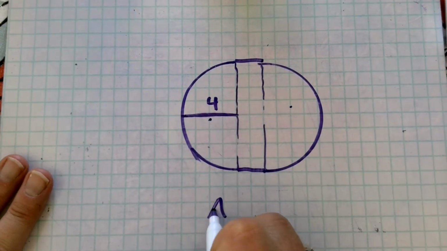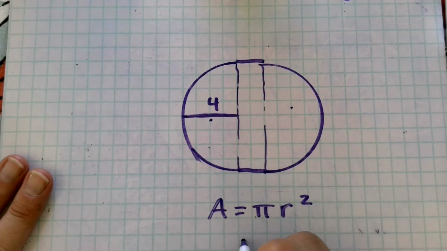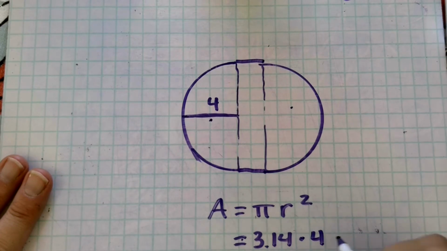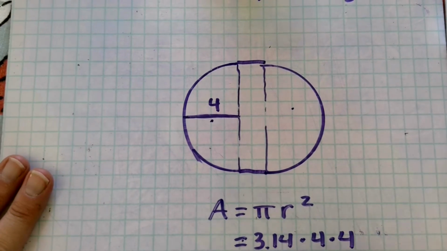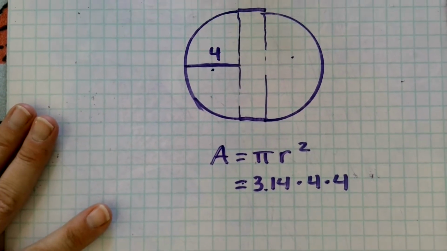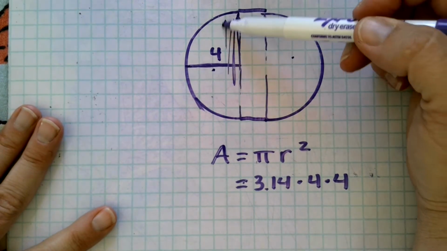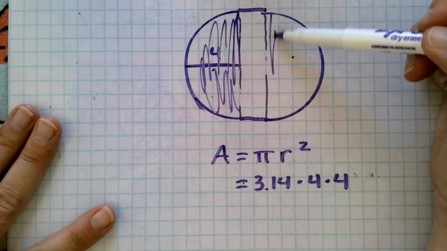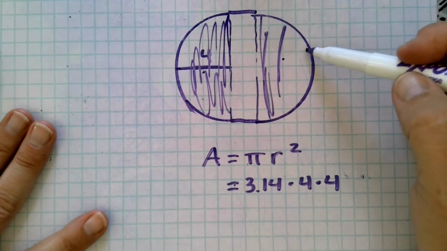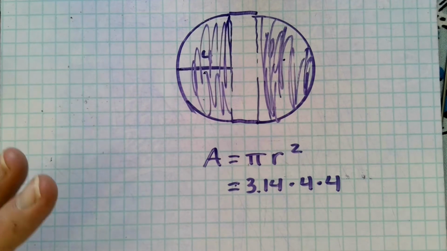And the area of a circle is pi times the radius squared. So we're going to have 3.14 times 4 squared, which is just 4 times 4, right? So once you know the numbers to multiply together, you can get out your calculator and do that, or you can just do it on paper if you want to. So that will give us the area of this part plus this part, right? Because we know two semicircles together give us a full circle.